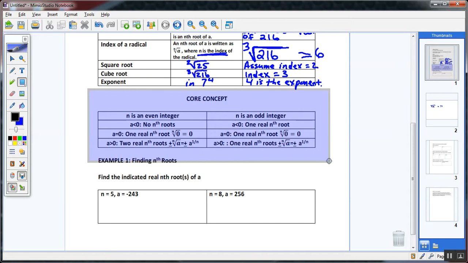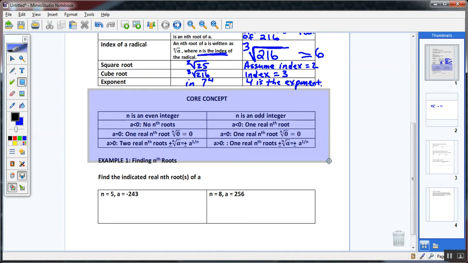Let's take a look down here. What if a is equal to 0? Then what's it say? One real nth root. Basically, the nth root of 0 is going to be what? Because 0 times itself, I don't care how many times you take 0 times itself, it's always going to be what? 0. So what this is really saying is the nth root of 0 will always be what, kids?